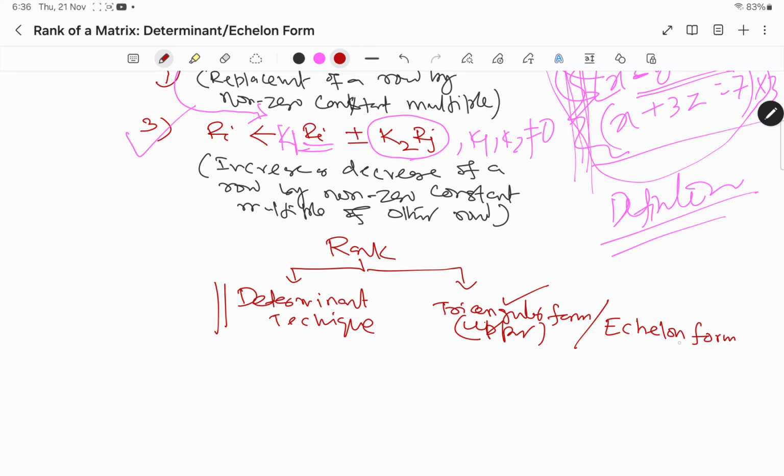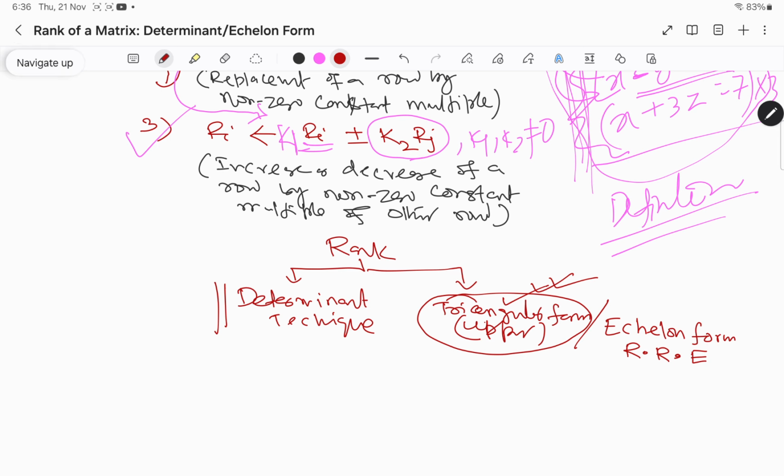Another technique is the echelon form, or some people call it row reduced echelon form. We don't bother. Without bringing it to echelon form, the upper triangular form is also fine. It is just the previous step of the echelon form.